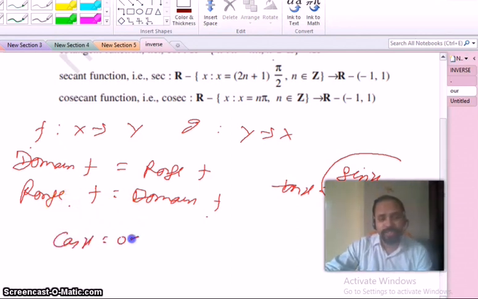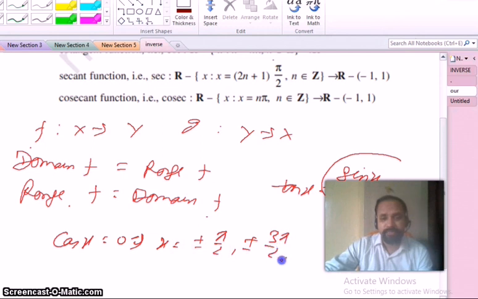Cos x equals 0 when x equals plus minus pi by 2, plus minus 3 pi by 2, or plus minus 5 pi by 2 and so on. That means 1, 3, 5, all are odd.